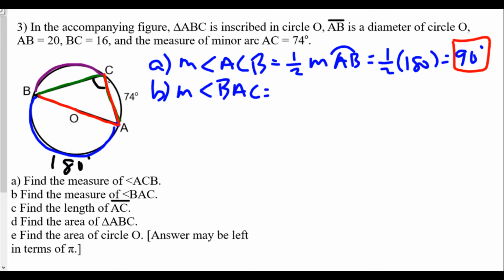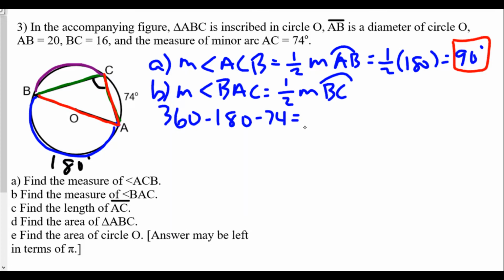First, we'll write the rule down. It's 1/2 the measure of arc BC, the minor arc BC, of course. So we want to find arc BC. The full circle is 360, so we take 360 and take away 180, and take away 74, leaving us the leftover arc, which is going to be 106.